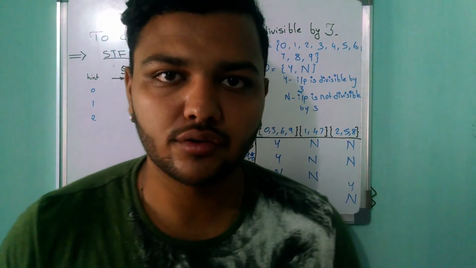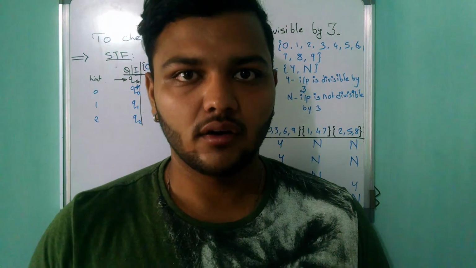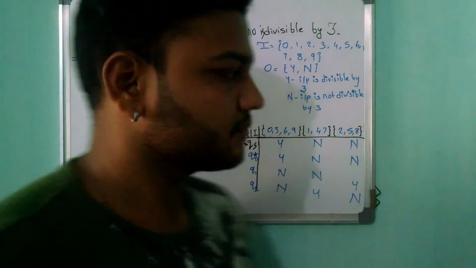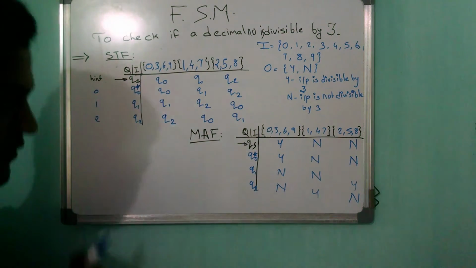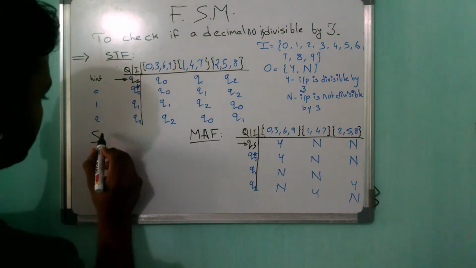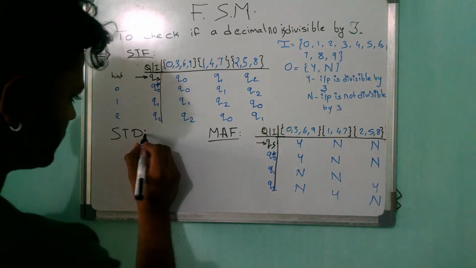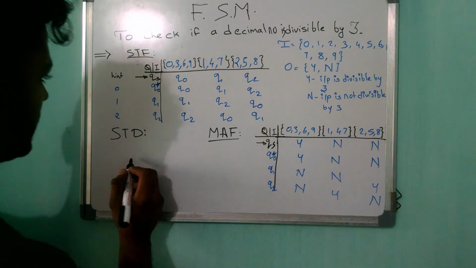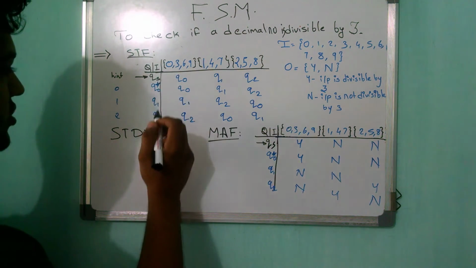After this we are going to do a state transition diagram, okay, that will be explained. So after this we'll draw a state transition diagram. A state transition diagram looks something like this. Okay, so for the state transition diagram, we start with the states Qs to Q2.